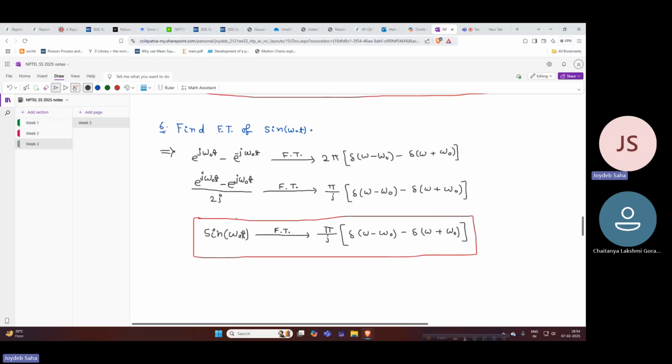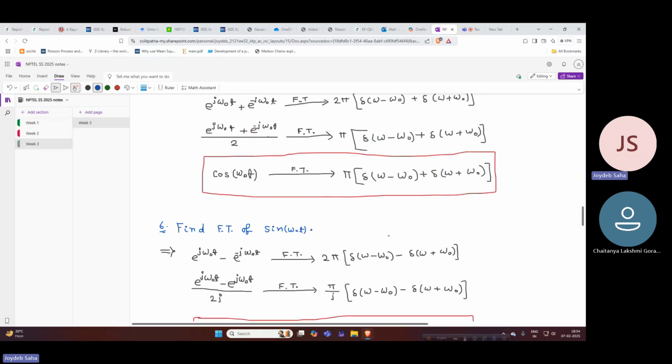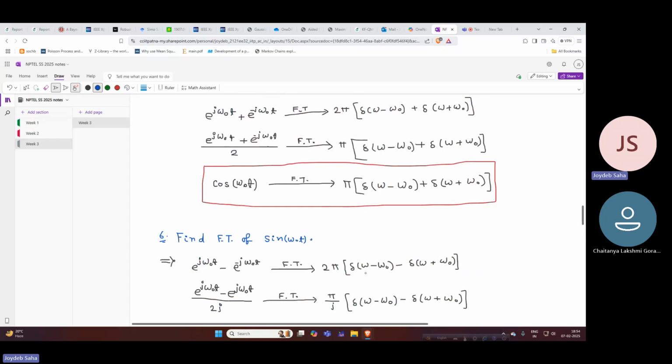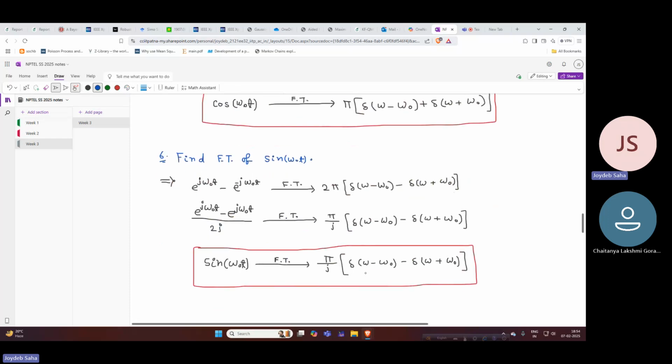We have calculated the Fourier transform of cos omega 0 t and sin omega 0 t in this way, right? Using the properties of the Fourier transform.